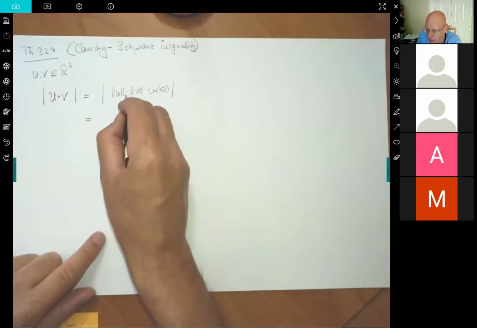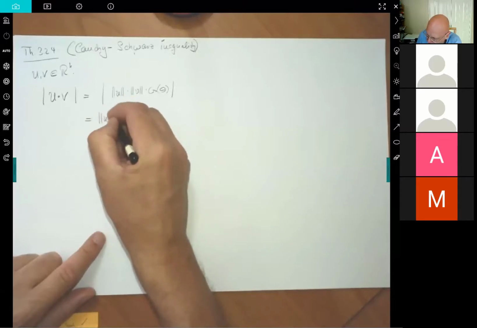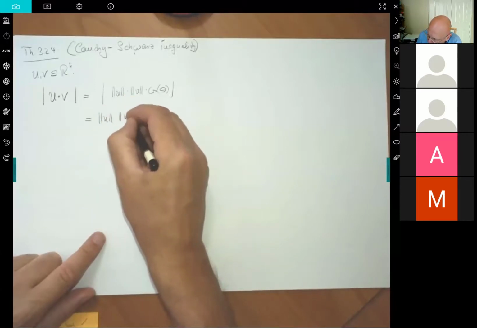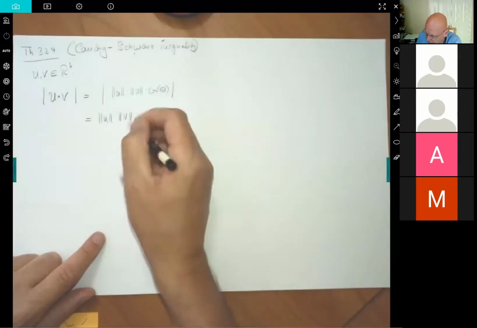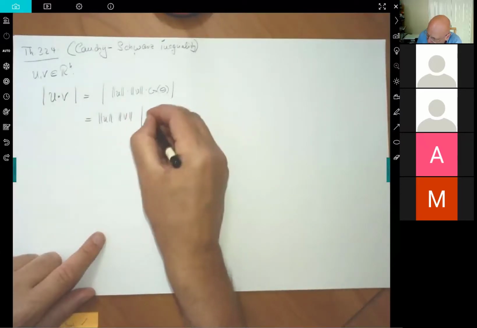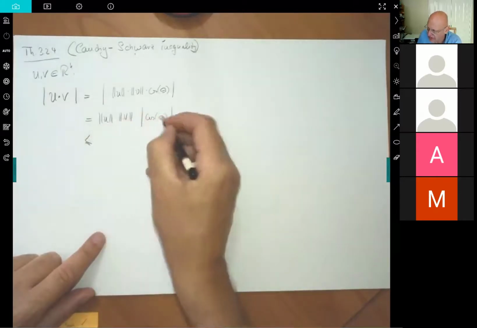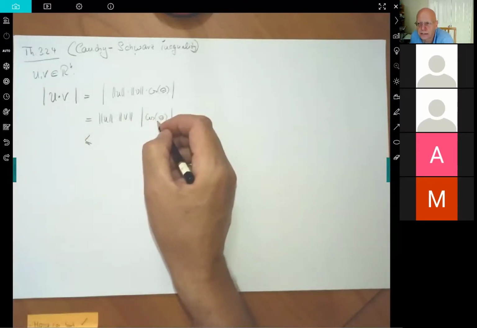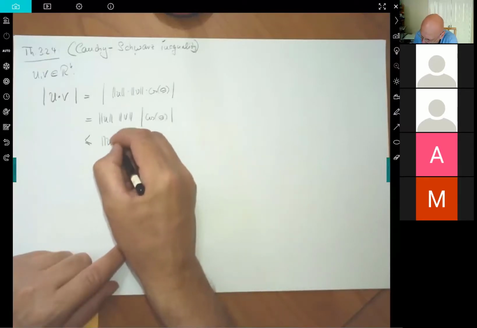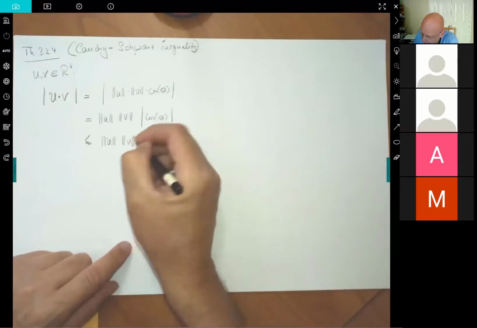The absolute value of a positive number is just the positive number. The absolute value of norm v is just, again, norm v because it is a positive number. Then we have the absolute value of cosine theta. And what is the largest value of cosine? How big can cosine be at most? 1. So it turns out this is smaller than norm u times norm v.